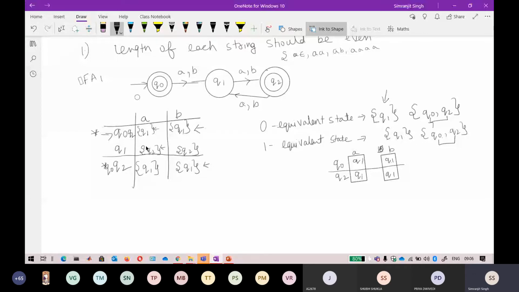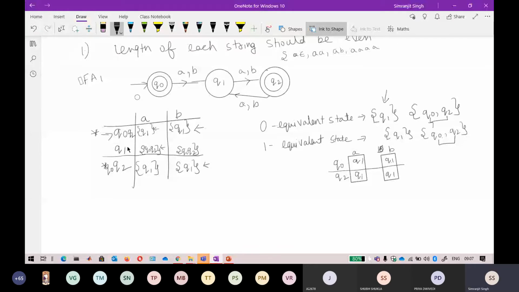Wherever there is Q naught, I go back there and put Q2, and wherever there is Q2, I go back there and put Q naught.